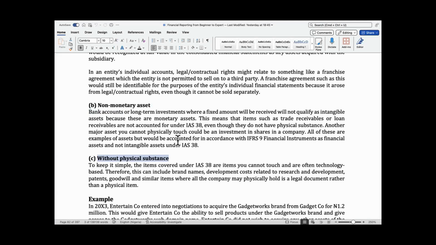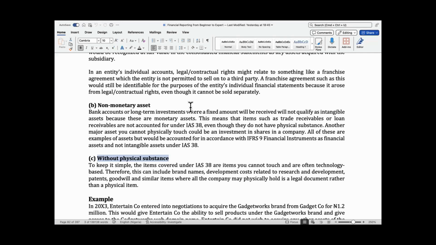So those examples I've been giving you, like licenses, patents, franchise, those are also intangible assets. But right now, most intangible assets you will find will be items like software, like apps, like your database. Those will be intangible assets right now because they are mostly technology-based.